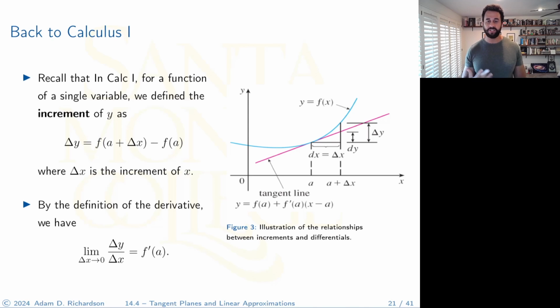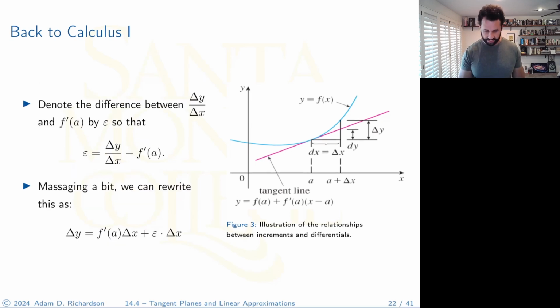And then by the definition of the derivative, you can say that the derivative at the point a is the limit as delta x goes to 0 of the difference quotient. This might look unfamiliar, but this literally is just the difference quotient that you know and love from before. Change in y over change in x, and then you let the change in x go to 0. If that limit exists, you get a derivative. That's the big idea.